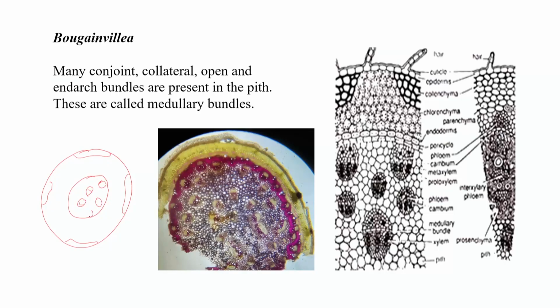In this transverse section, collenchyma is in patches, not in a continuous layer, and then you have chlorenchyma, endodermis, pericycle, and vascular bundles of different sizes in which phloem is on the outer side, xylem on the inner side, protoxylem on the inner side and metaxylem on the outer side, that is the endarch condition.